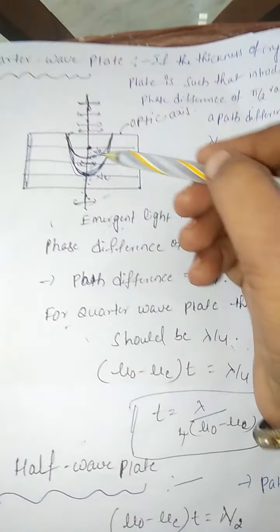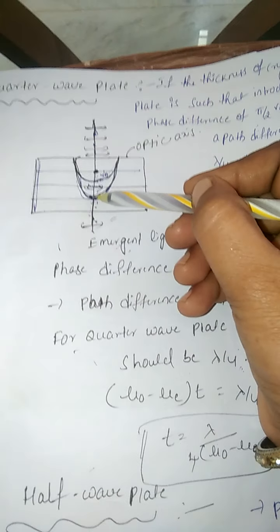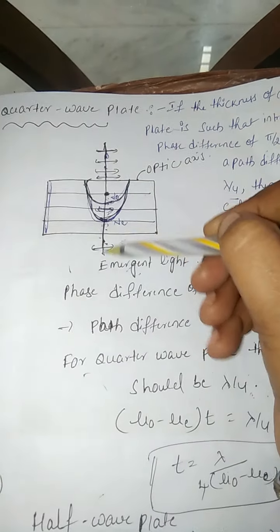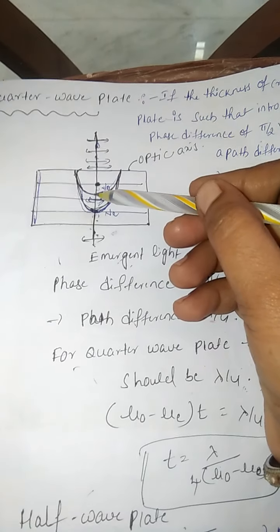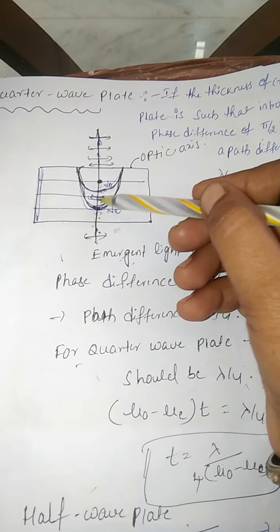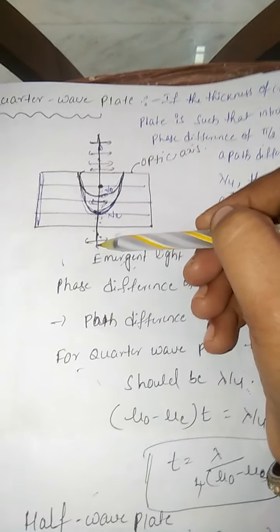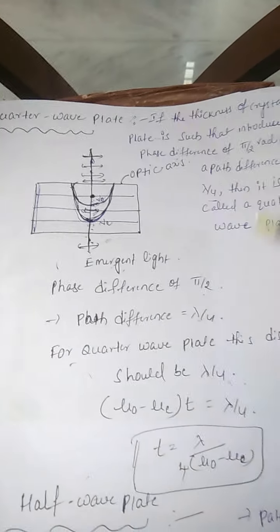Suppose the extraordinary ray comes outside, then after a distance of lambda by 4, the ordinary ray comes outside. So the path difference between them is lambda by 4.